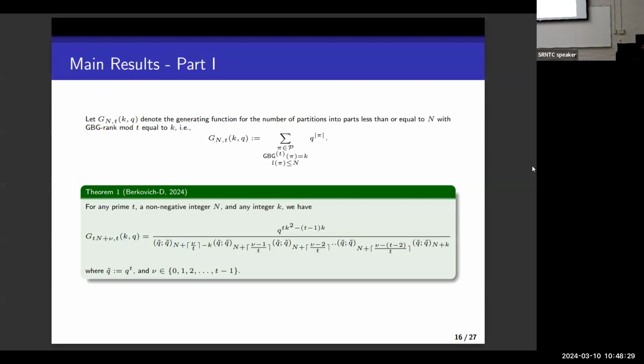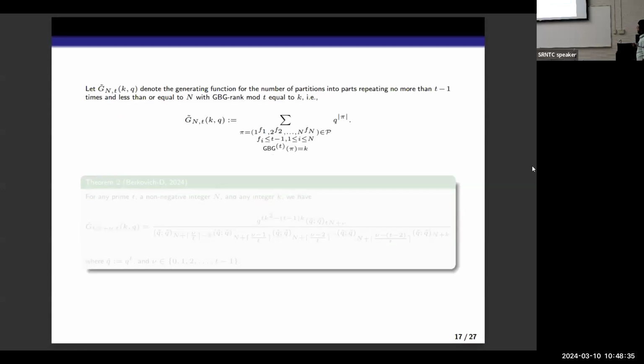And the next one that we wanted to generalize was for distinct part partitions. Distinct parts means the parts occur at most once. So now let's consider parts which repeat no more than t minus 1 times, having largest part at most n and GBG rank mod t equals k.